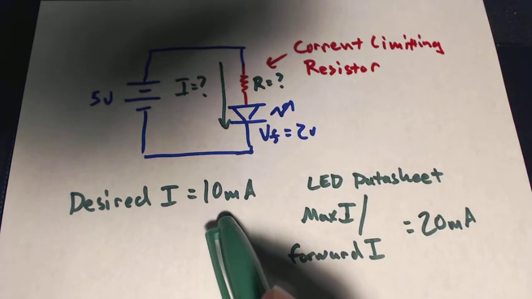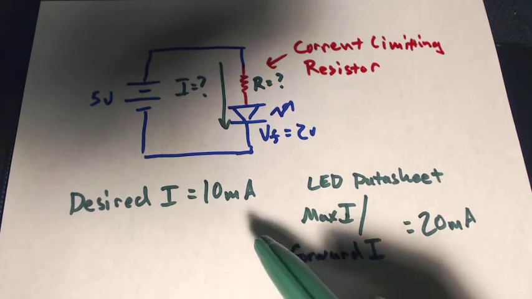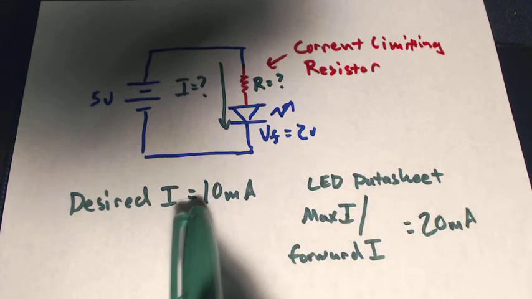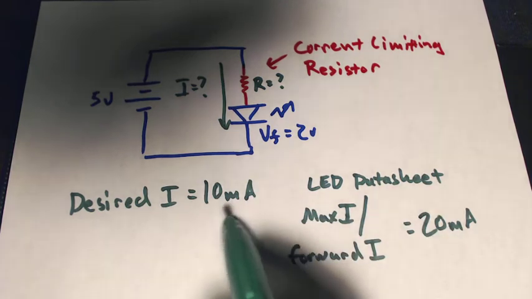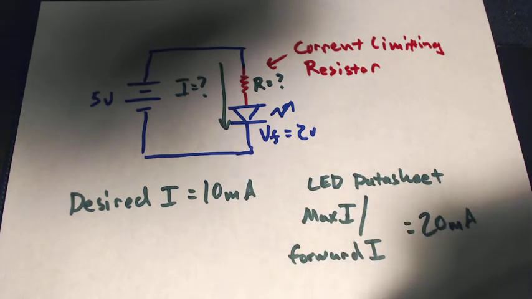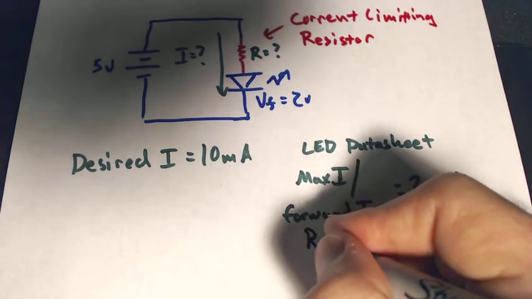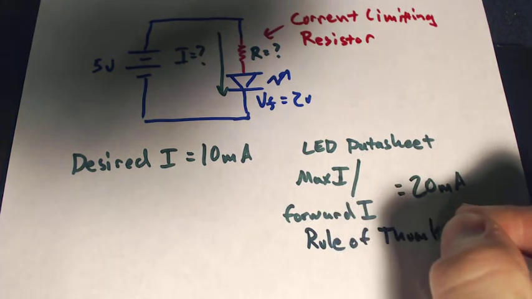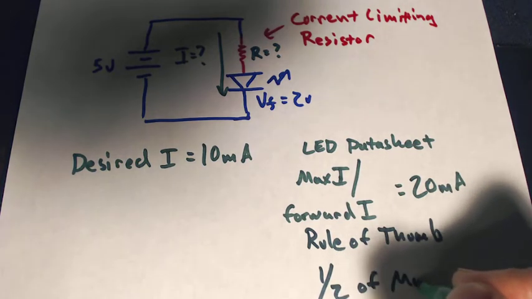However, at 10 milliamps, it'll be bright enough to serve its function of indicating to the user that something is on or that some selection has been made. So for its intended purpose of indication, 10 milliamps is a good rule of thumb for your general purpose LEDs. So I'm going to go ahead and just say rule of thumb, half of max.